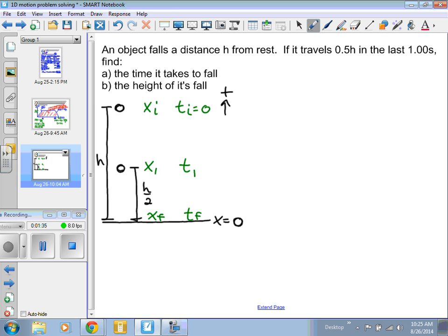Now we know from the problem that the last part of the motion of the ball, when it falls that last h over 2, takes 1 second. So we know that t final minus t1 is equal to 1 second.